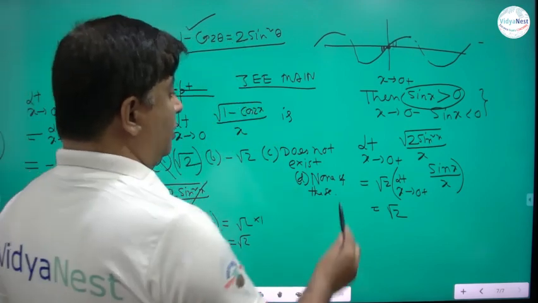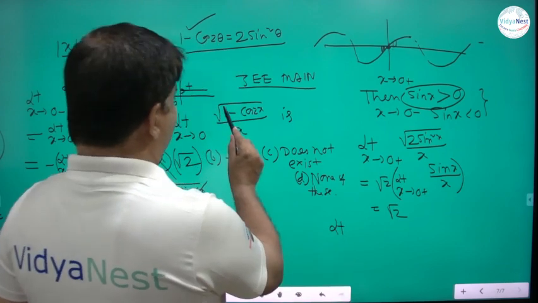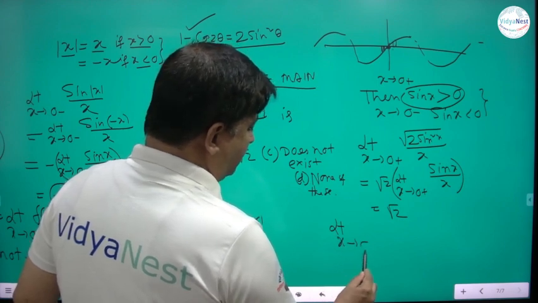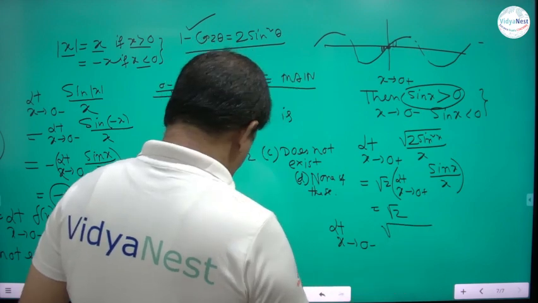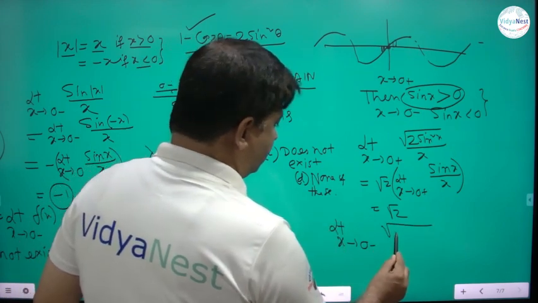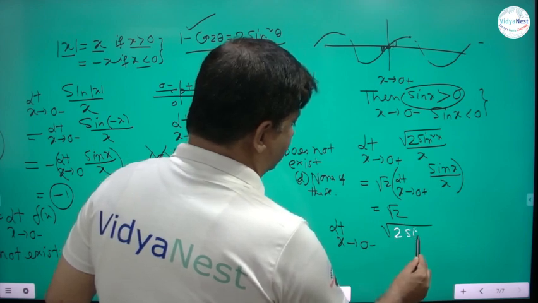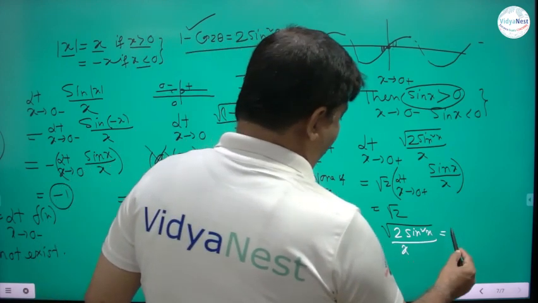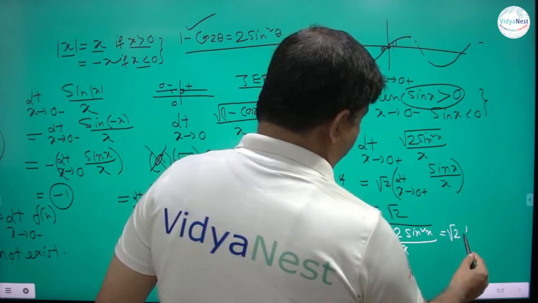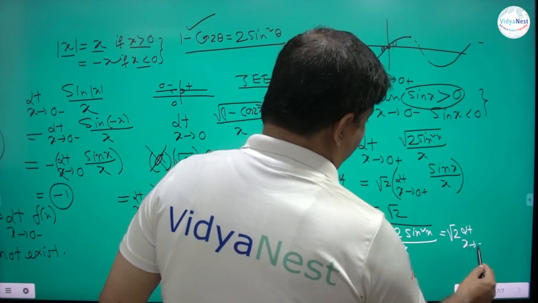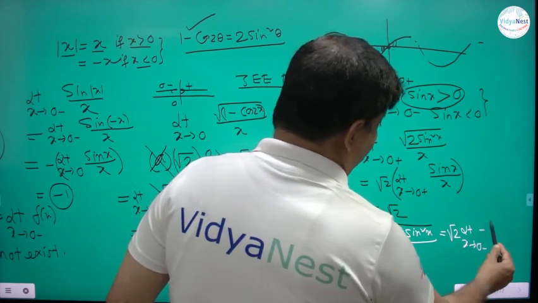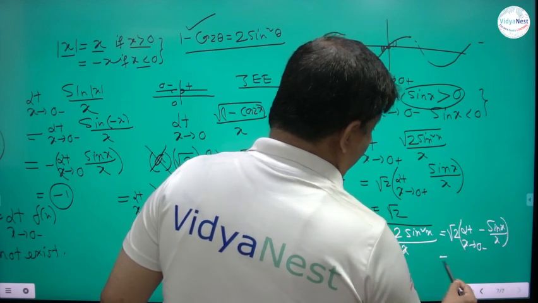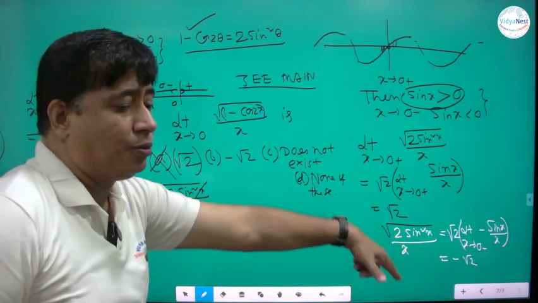But when instead of 1 minus cos 2x, I put 2 sin square x, x tends to 0 minus. Root 2 will be brought out. It will be minus sin x by x. That means minus root 2. Are they equal?